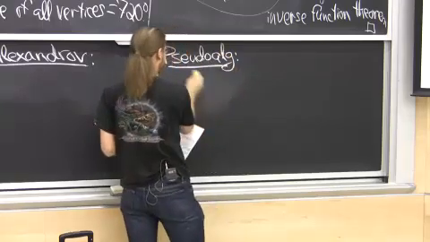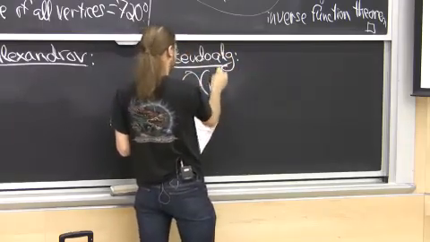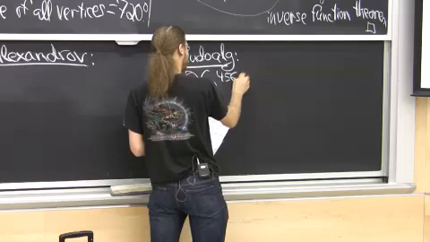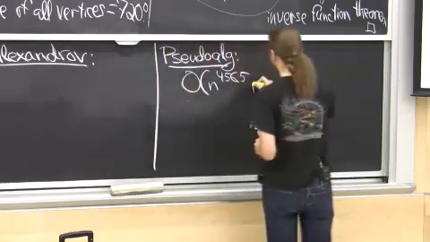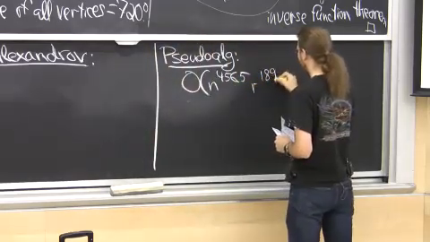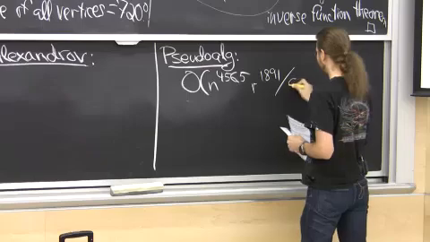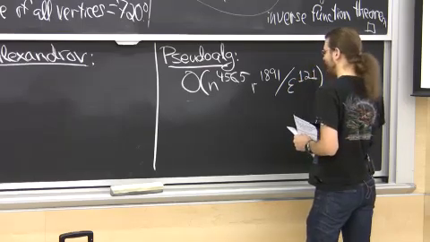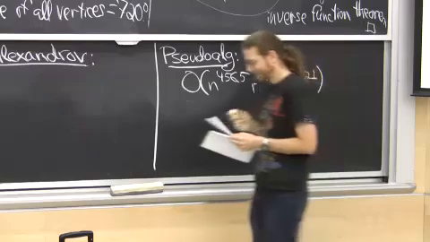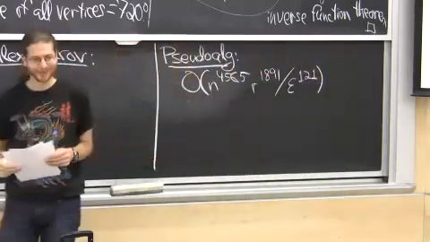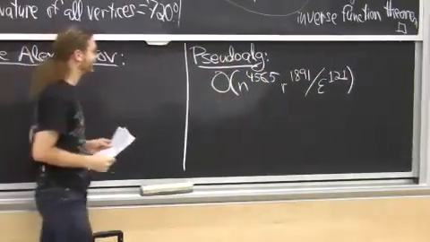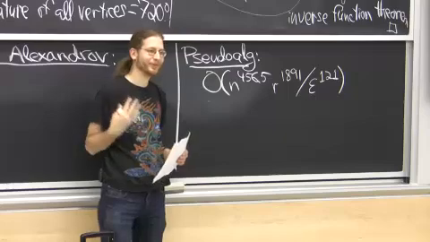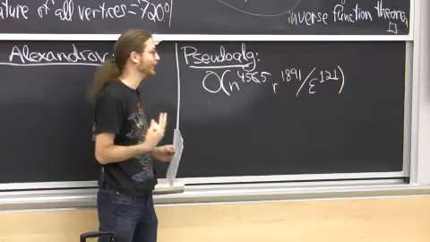The running time we get is, again, for amusement value, 1891's a good year. Yeah. So this is the current running time. I think I said last time that n to the 125 times r to the 41 is my record.